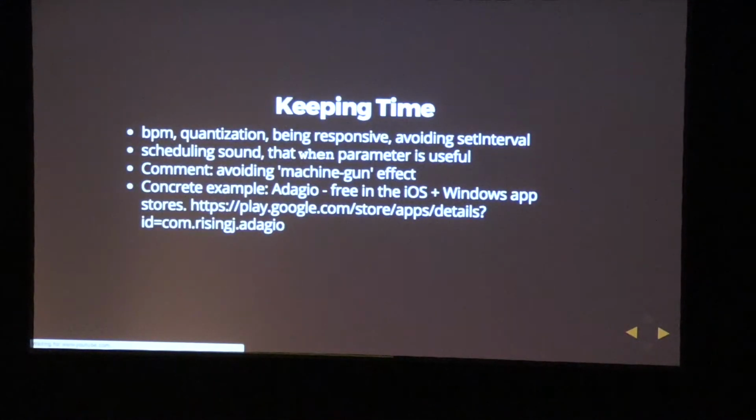Keeping time is an issue because if you want to build a metronome or a drum machine or something like this, you need a reliable way to know that you're going to be called in time to actually trigger the sound. So what you end up doing is you request animation frame, like we just heard about, and you're going to have to say, well, I'm being called so often.